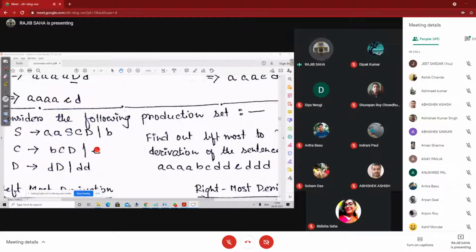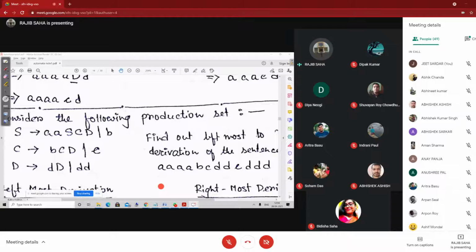This is small c, not E. Is it clear to all of you? In this sentence also, whatever you find, it is all small c, not E. This is your grammar, and this is your sentence.